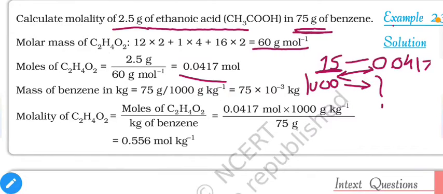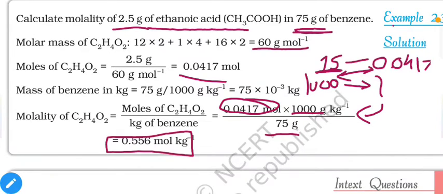Okay, so the same thing is mentioned here. 0.0417 multiplied by 1000 divided by 75 is equal to 0.556 moles per kilogram of solvent. So that means this will be the molality, small m, of the ethanoic acid solution in benzene.